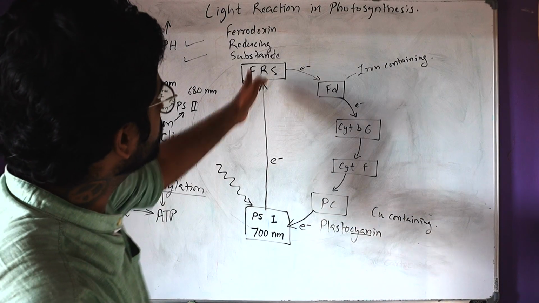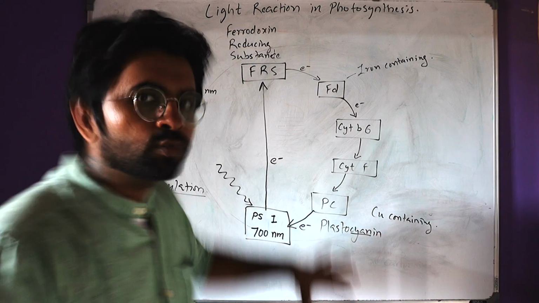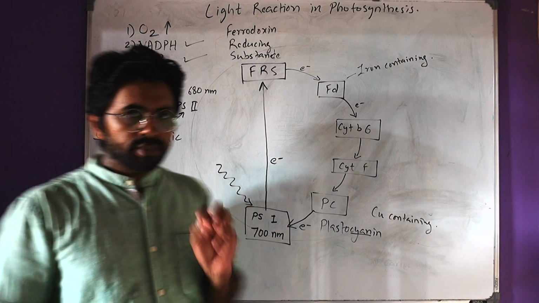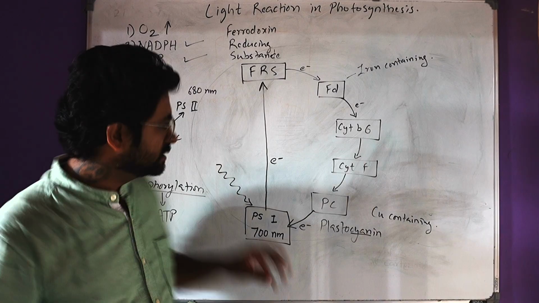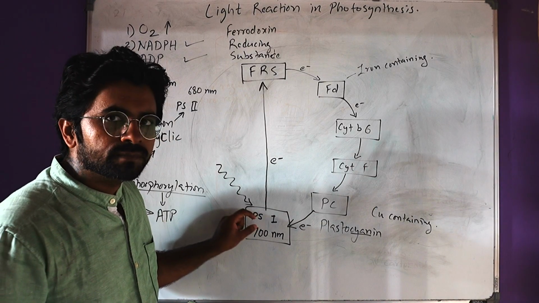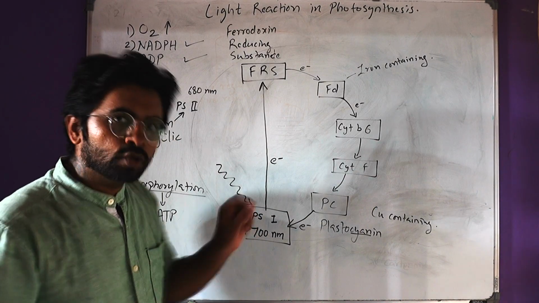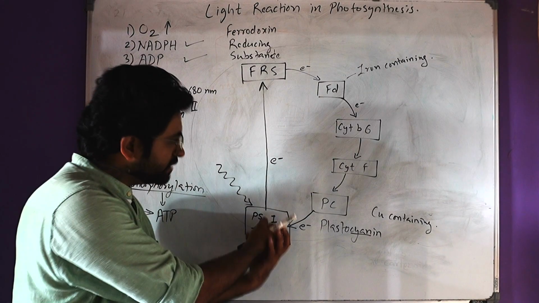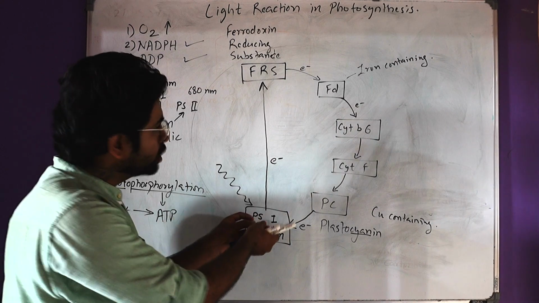And we can see that there is a cycle formed. It begins from the starting point and ends on the same point. That's why cyclic. Now pay attention to the energy level. When it was here, it was at its lowest energy level, the electron. But when it received the energy, it got ejected.